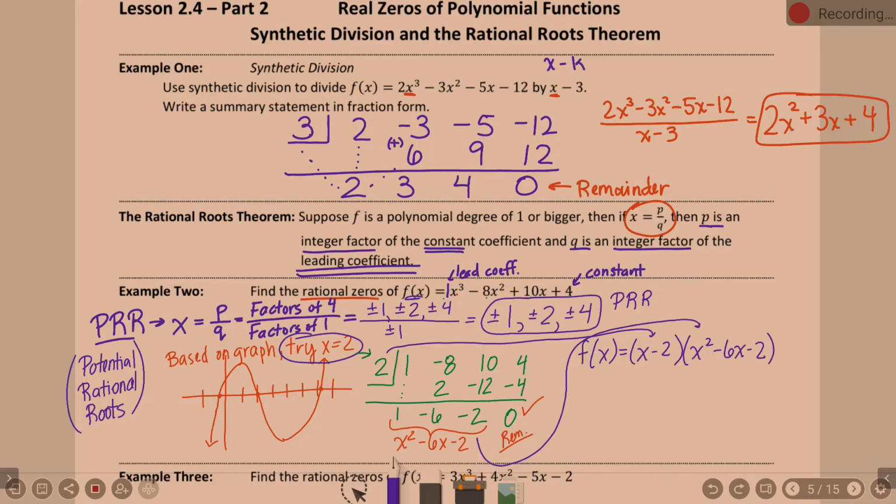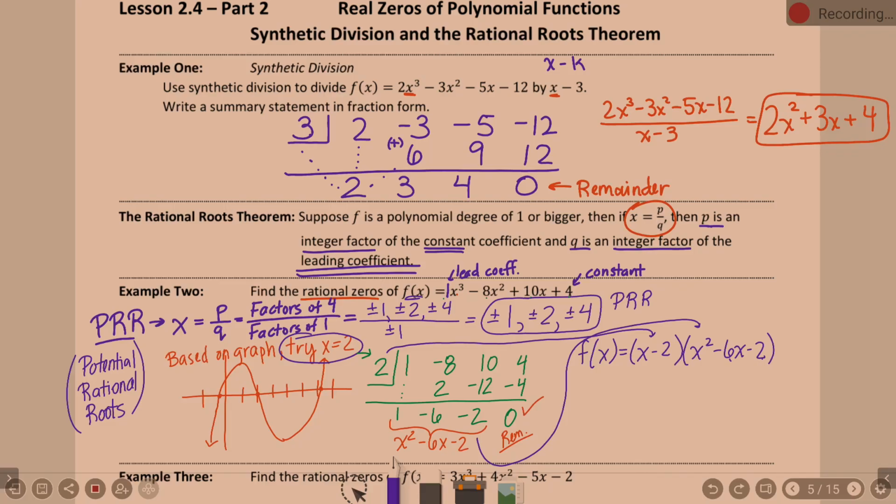Now, we know we have a solution here with x equals 2, yes? We know that. X squared minus 6x minus 2. Does this factor? Maybe. If it factors, you need numbers that multiply to be negative 2 and add to be negative 6.